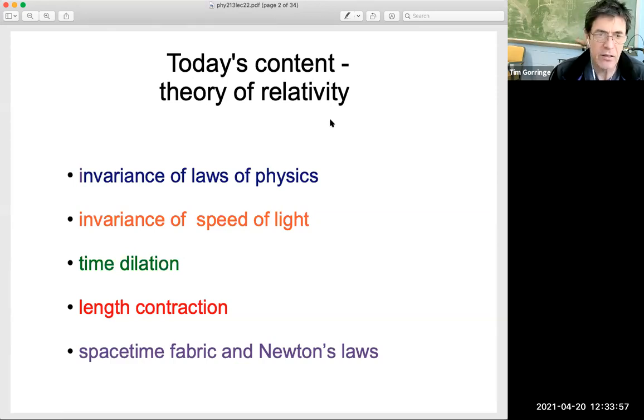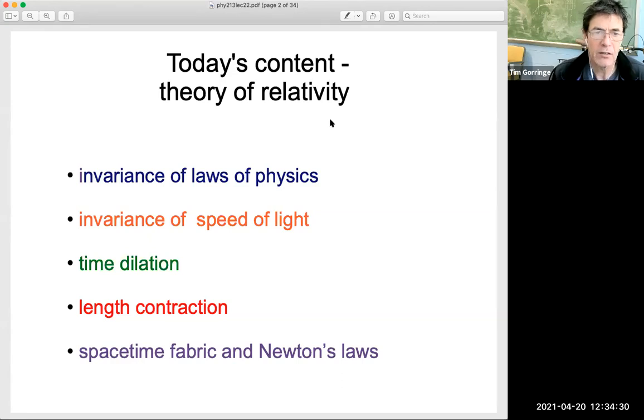And again, that's at odds with our sort of everyday notions or our common sense notions. And that's that everybody agrees on the length of objects. And that's not true in relativity too. And so these phenomena of time dilation and length contraction emerge from those foundations of invariance of laws of physics, invariance of speed of light, and we're going to explore those.